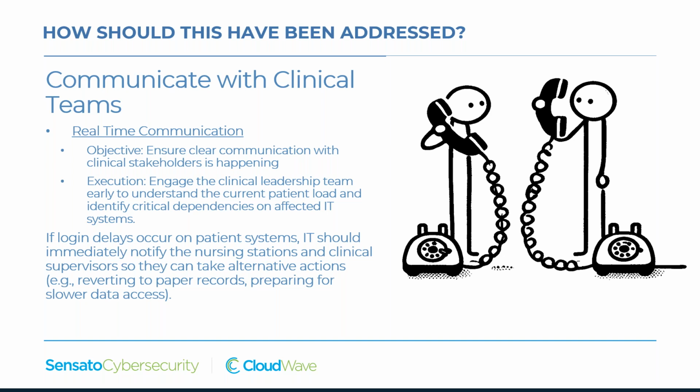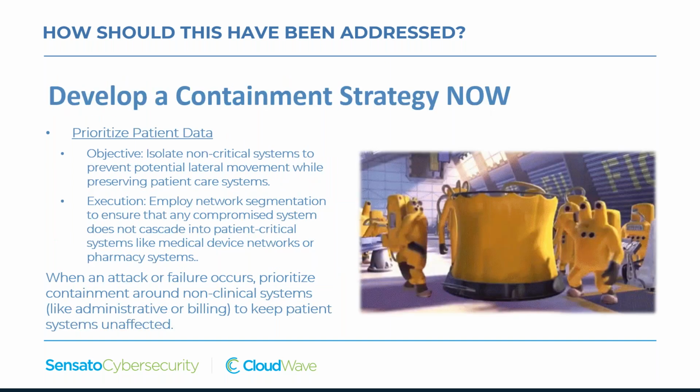Maybe they need to prepare for working on paper records or be prepared for activating procedures that allow them to work on slower data access. So try to really have open communication with the folks that are accomplishing your primary objective, which is caring for those patients. Next one, please.